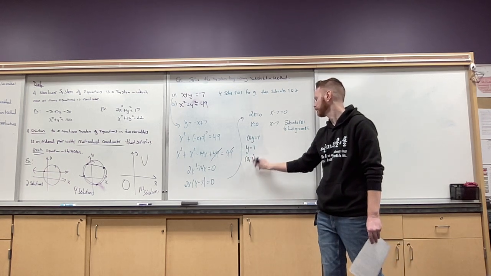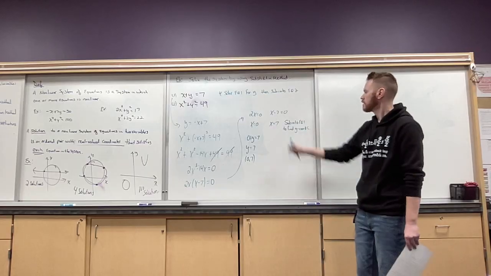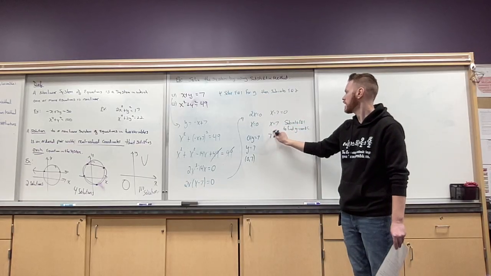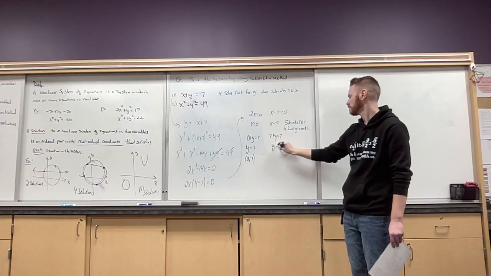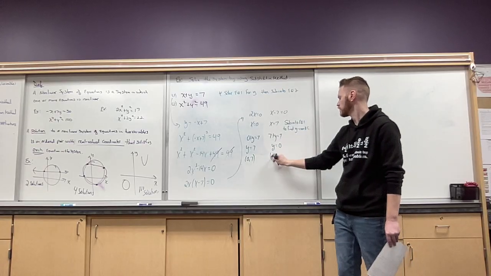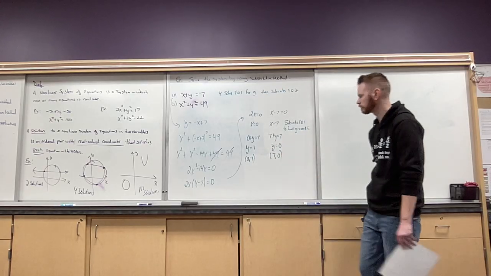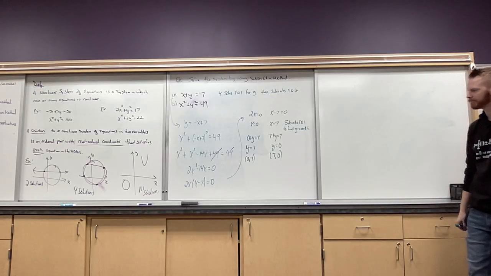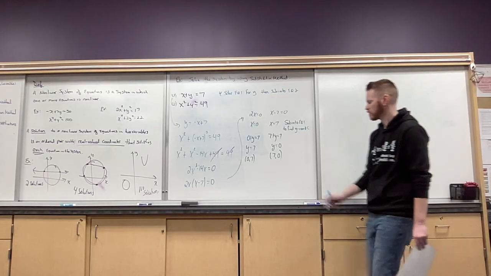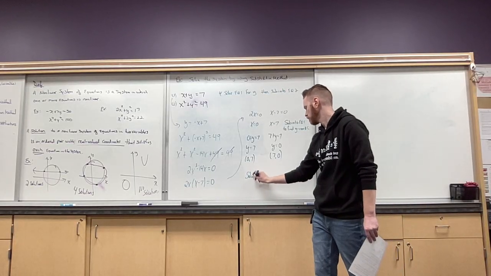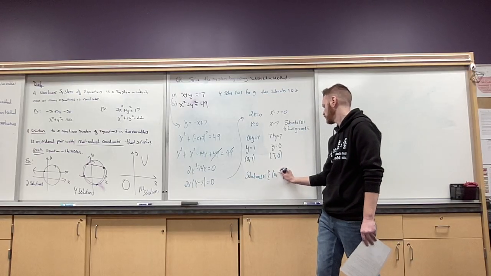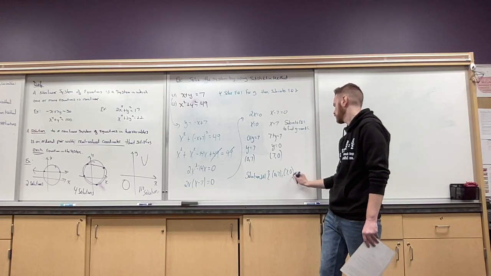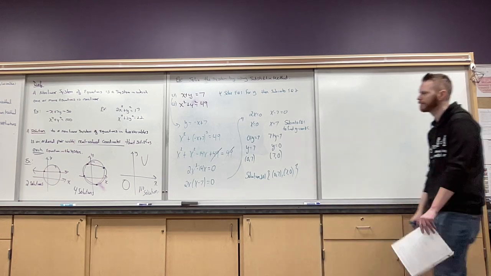So we get 0, 7. Over here, I'll plug 7 into there. So it'd be 7 plus y equals 7. Y is 0. So we get 7, 0. So we'll put down here solution set: 0, 7 and 7, 0. There's my final answer.